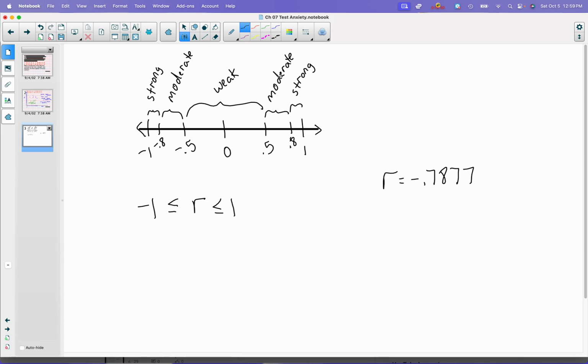That's why I say things like moderately strong. If you're somewhere in the 0.7s, you can give it a better description. You could say moderately weak, which sounds like a strange thing to say, but you just want to give a description. This is not a hard and fast rule, just an idea of how you can describe correlation.